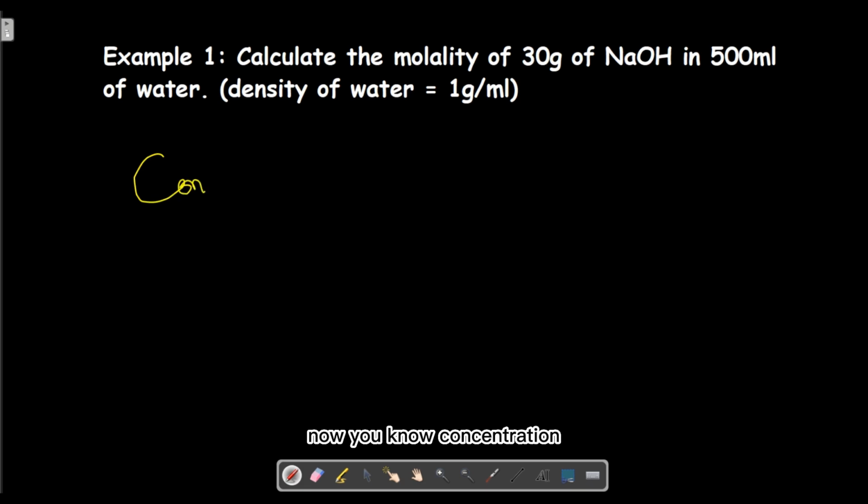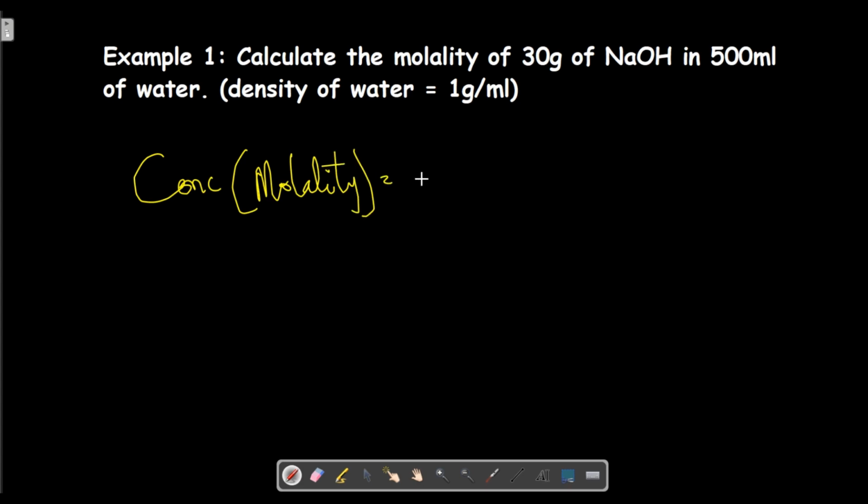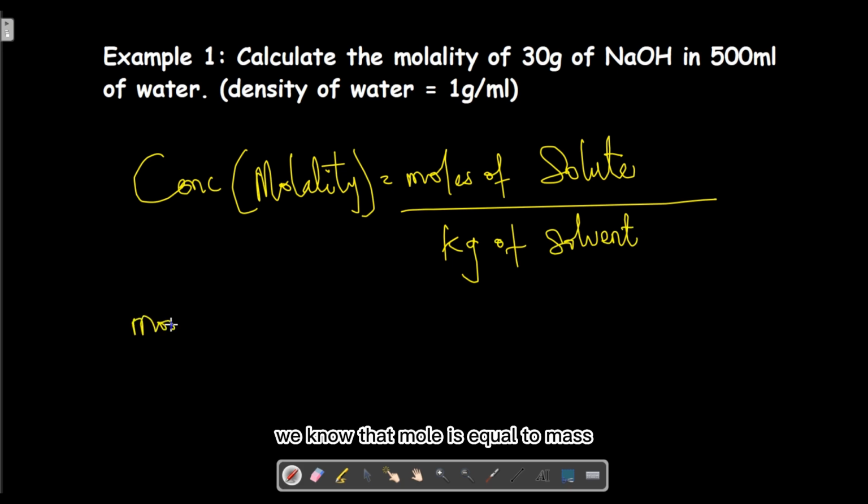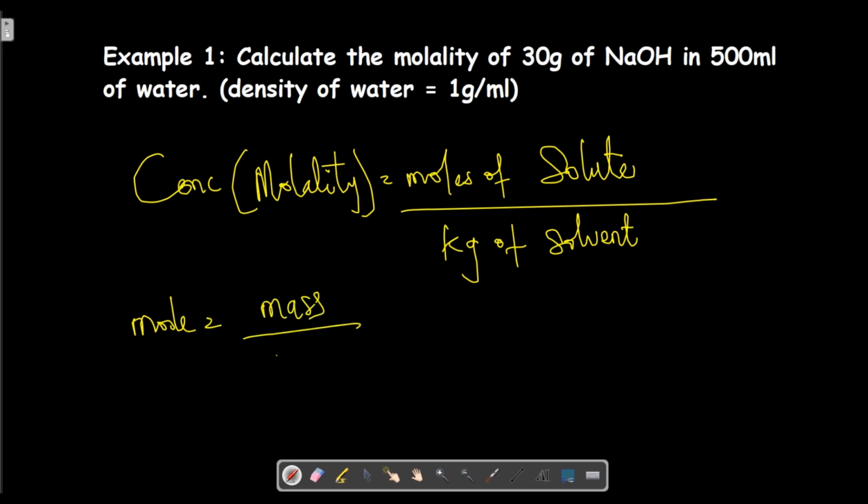Now you know concentration in terms of molality is moles of solute over kilogram of solvent. All right. So now let's start first by looking for the moles of solute. We know that mole is equal to mass over molar mass.